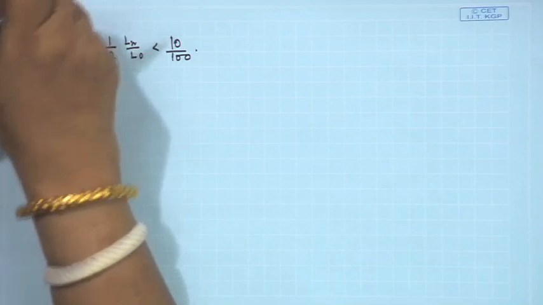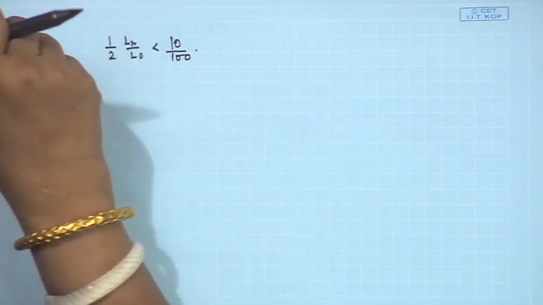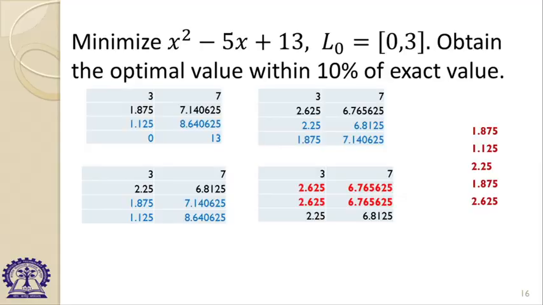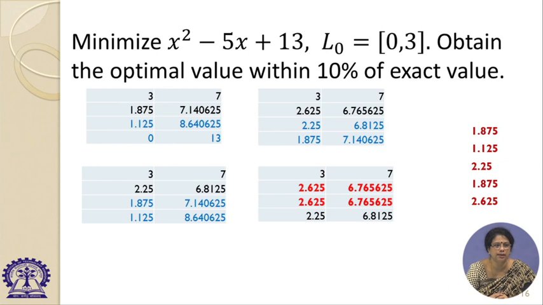That is why, from the calculation I did before, we need to do a minimum of 5 experiments. And here the initial interval of uncertainty is 0 to 3. That is why our first table is this one.